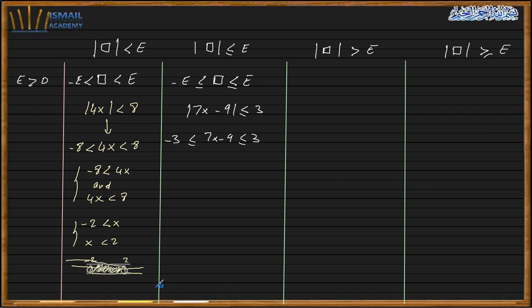So there is another way to do this, and do it only if you have a number here. If you have a variable, you use that way. So here I will add 9 on all sides. Then I will have 6 is less than or equal to 7x, which is less than or equal to 12.